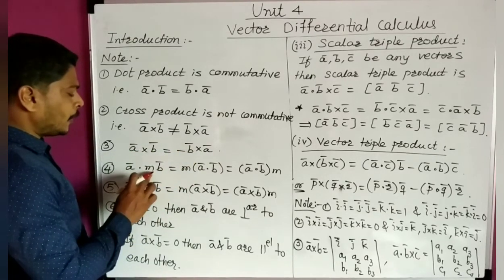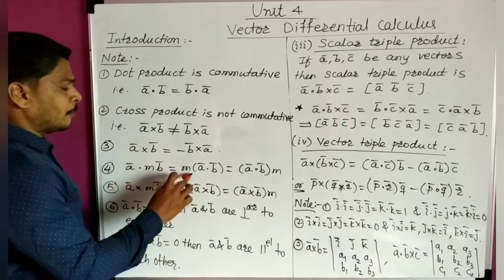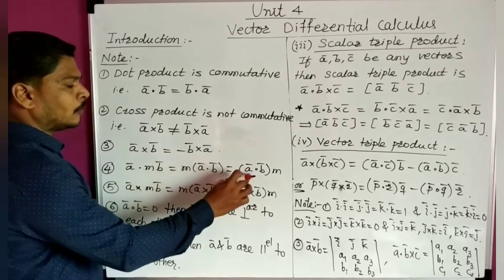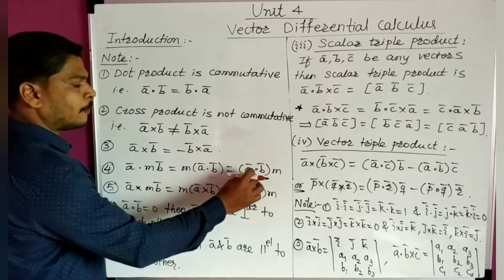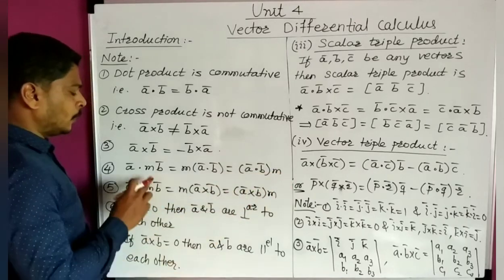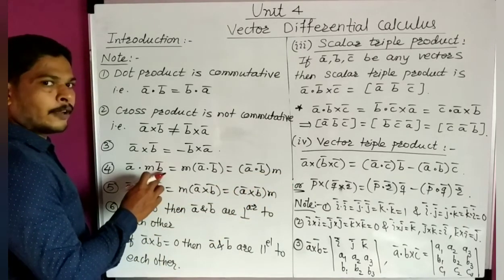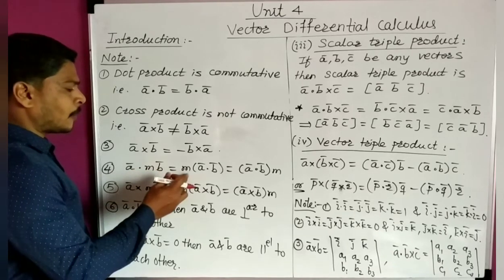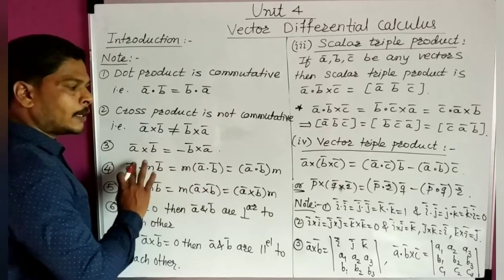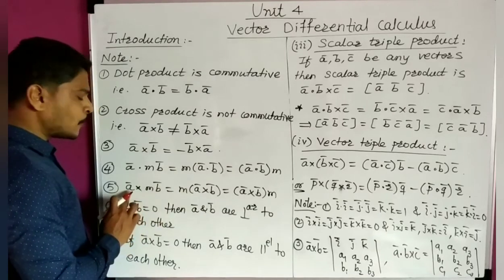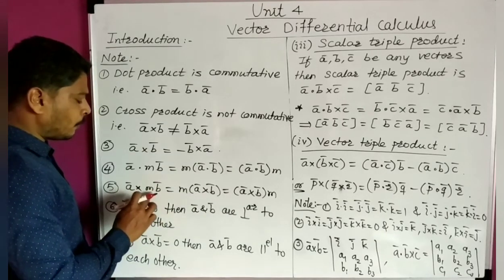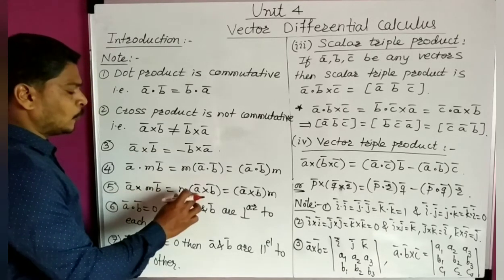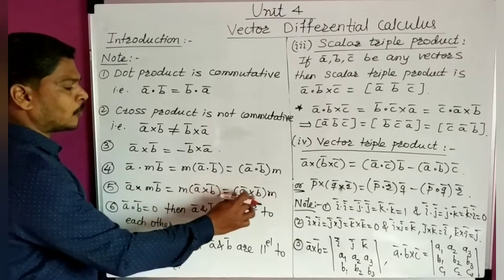A bar dot m b bar becomes m into a bar dot b bar, or this can also be written as a bar dot b bar into m. That means by multiplying any vector by any scalar m, we can take this scalar outside to the left side or right side. Same is true for cross product. A bar cross m b bar becomes m into a bar cross b bar, which is equal to a bar cross b bar into m.